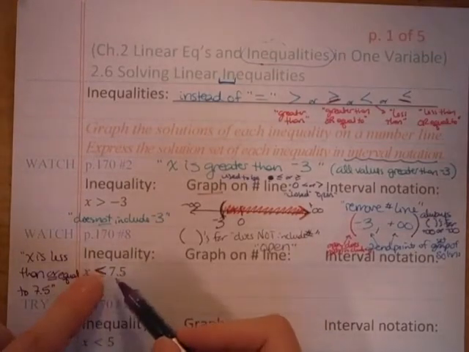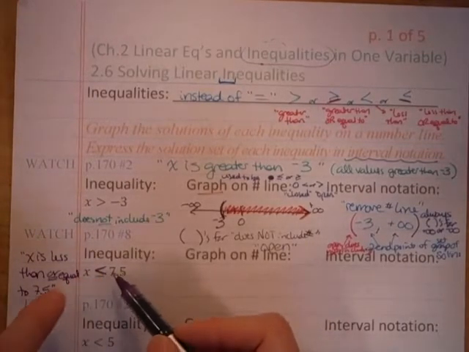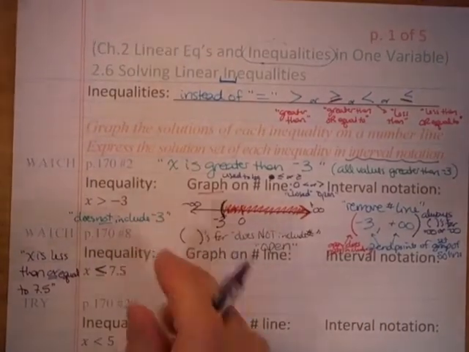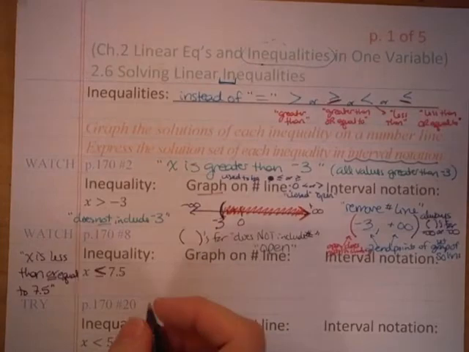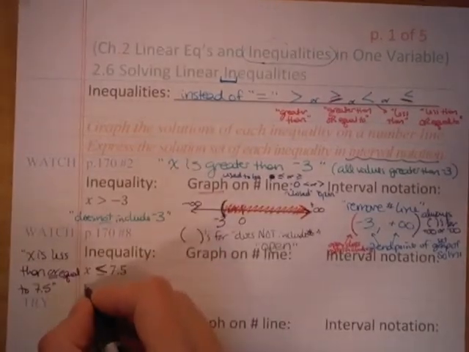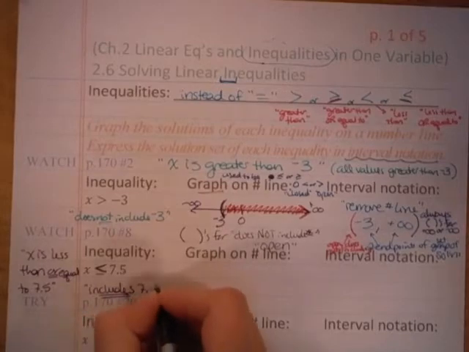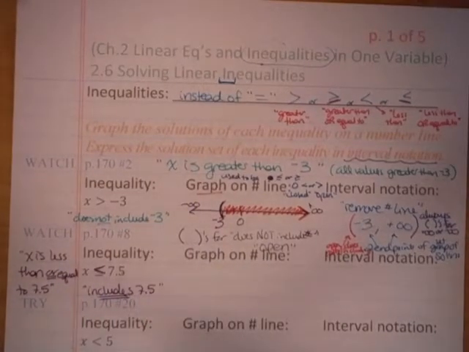All values less than or equal to 7.5 make this statement true. So this one includes the value 7.5.